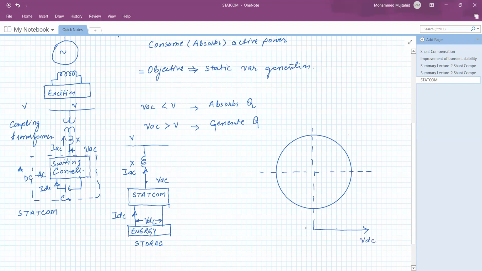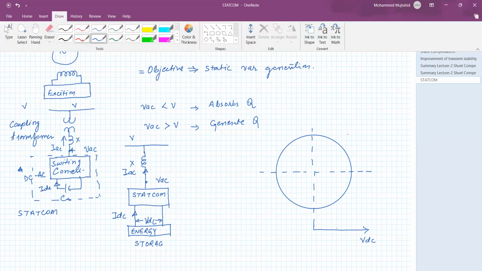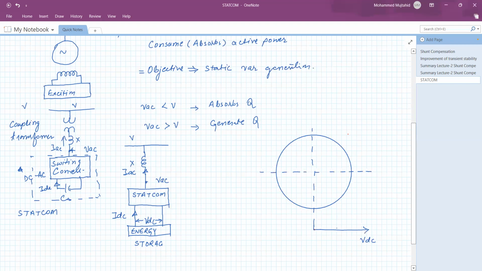The current is IDC. And in this direction, the current is minus IDC.